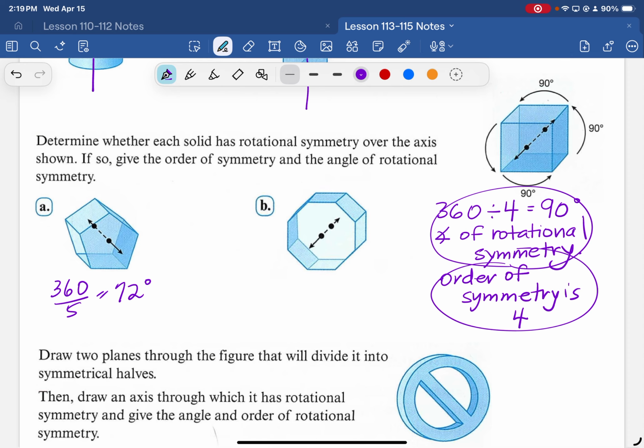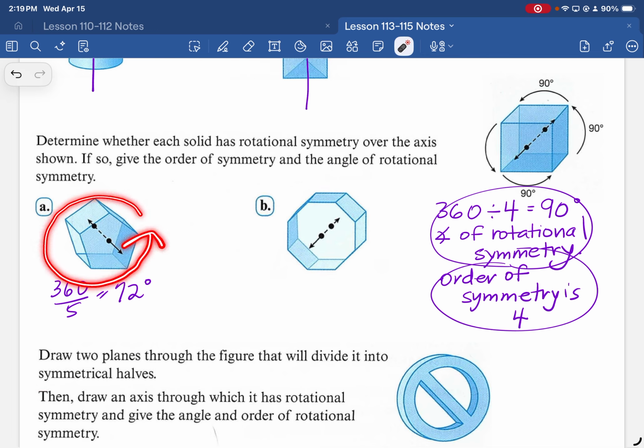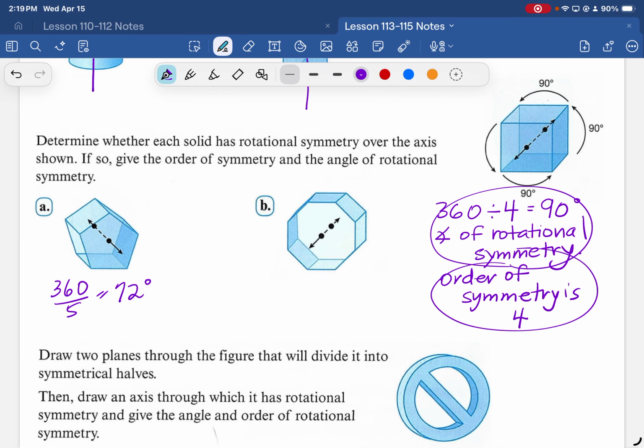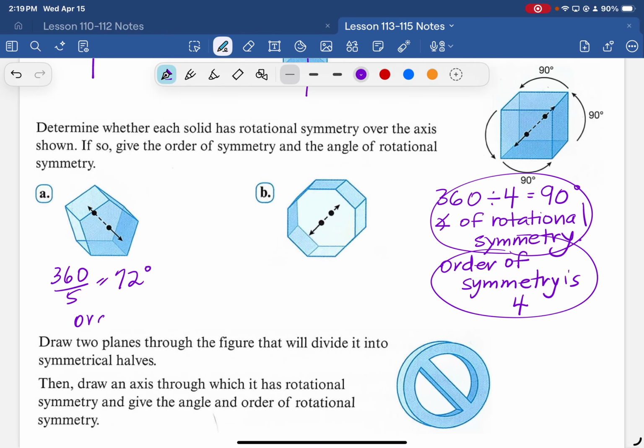So it has a 72-degree angle of rotational symmetry. How many times do you think I can spin this or rotate it to get back where I was originally? 5. Yes. 5 times. So the order of rotational symmetry is 5.